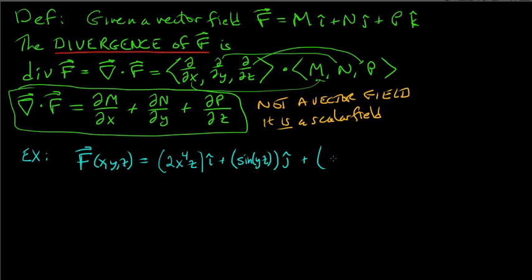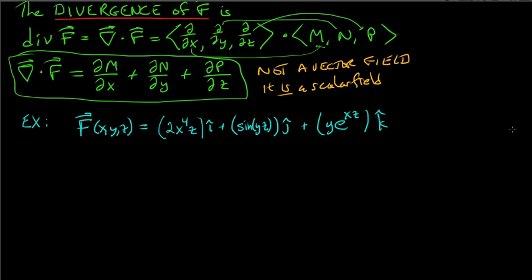And then, again, I'm trying to keep it interesting here, how about y times e to the xz for the k component? Again, this is just mi plus nj plus pk.